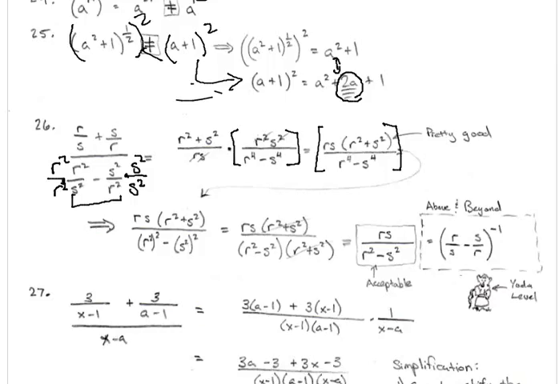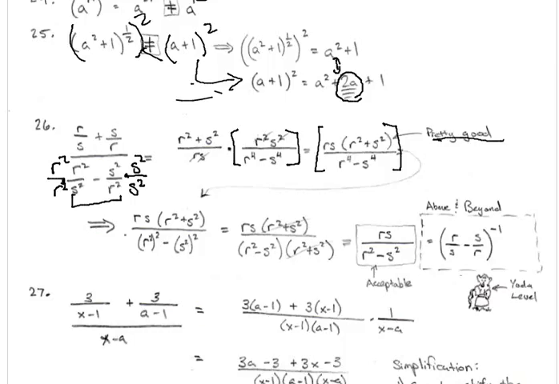So this is pretty good, right? If you get to here, you're at the pretty good level. But there is still some factorization and some simplification that you can do.